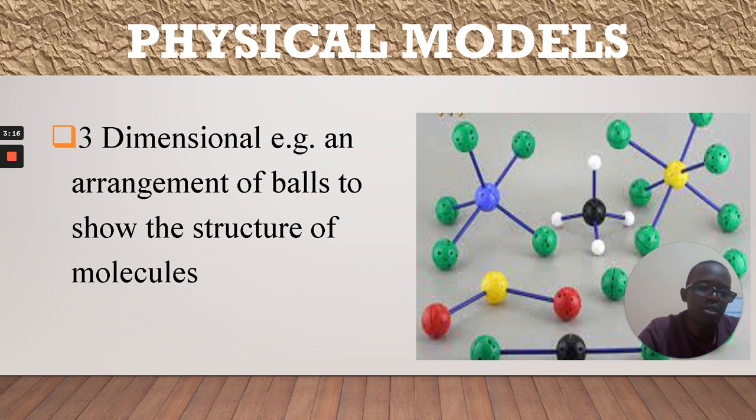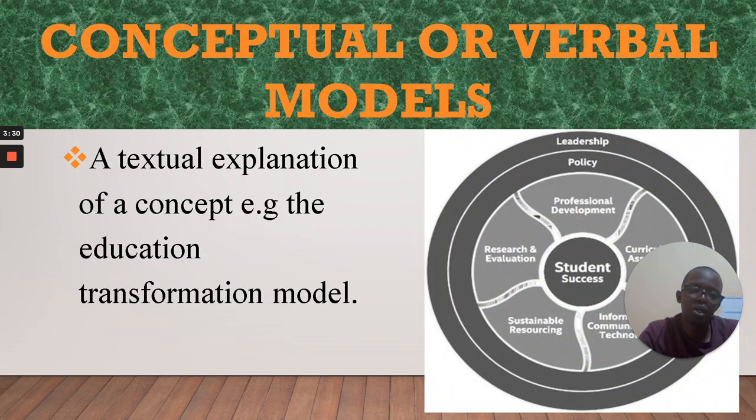So, for instance, an arrangement of balls to show the structure of molecules, and we have an example here of such an arrangement. So this is a model. That's a physical model, which can be used in many other forms and disciplines, and sometimes it may be used as a curriculum model.